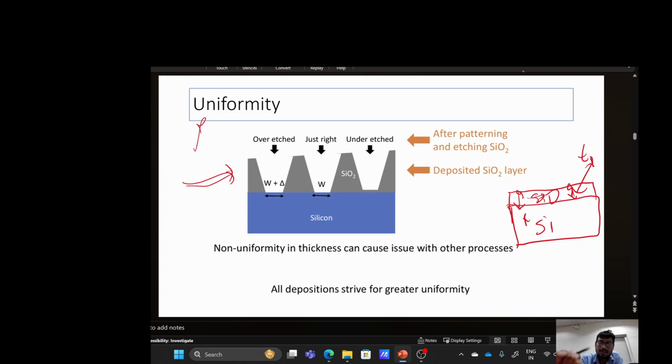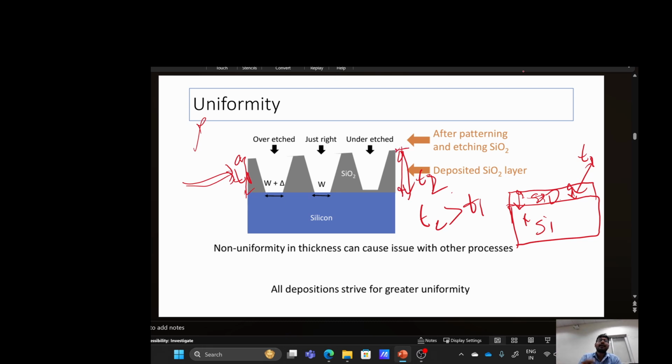So in lithography, this thickness is less, this is T1 and this is T2. T2 is greater than T1. At this position the thickness is higher.